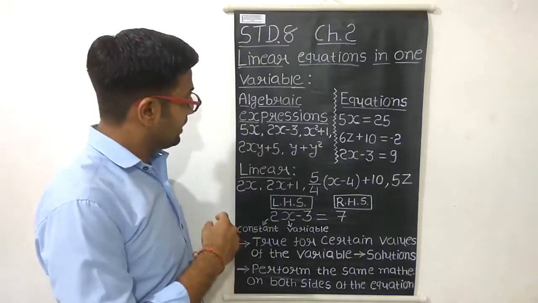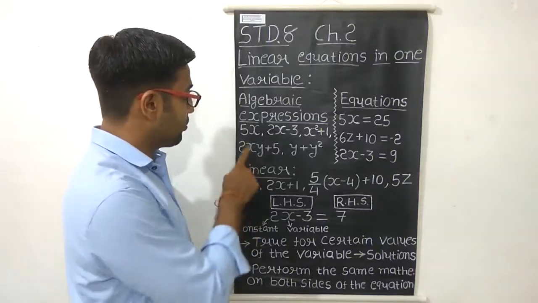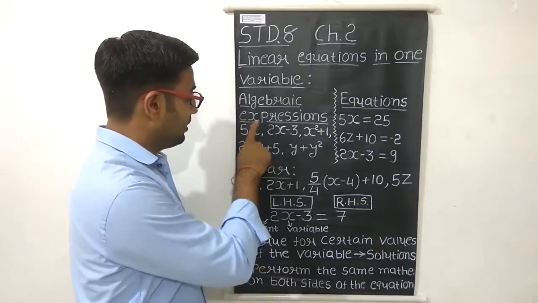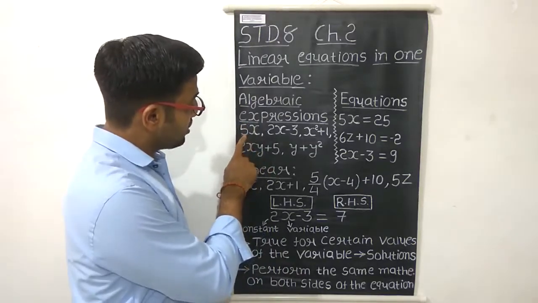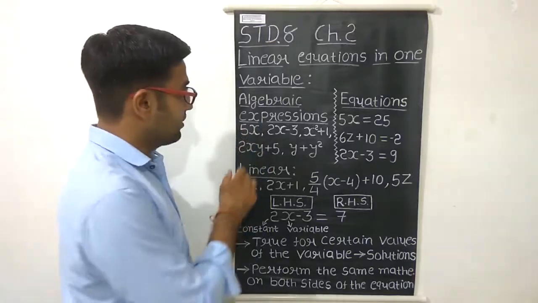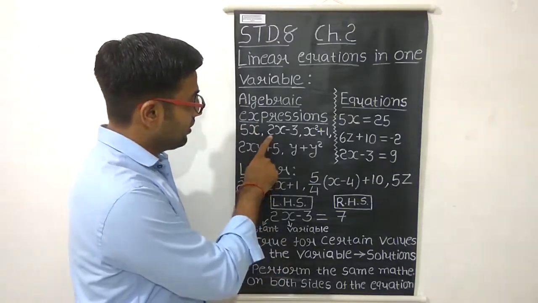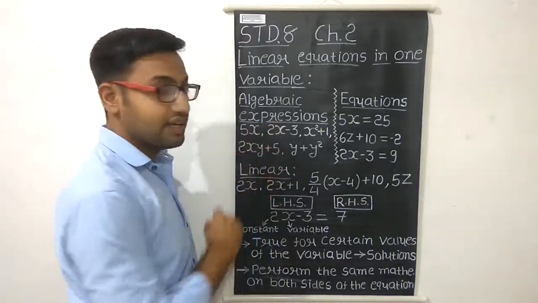Algebraic expressions are made of two things. One is the constant, that is 5 here, and one is the variable, that is x. By multiplying a constant and a variable we get an expression. In the same way here also, this is a constant, this x is a variable.